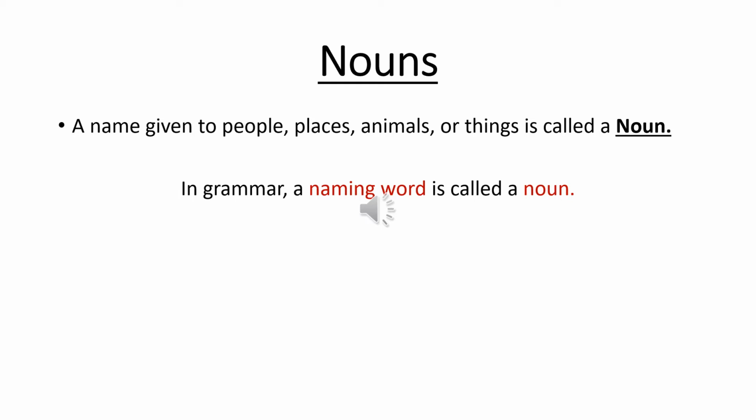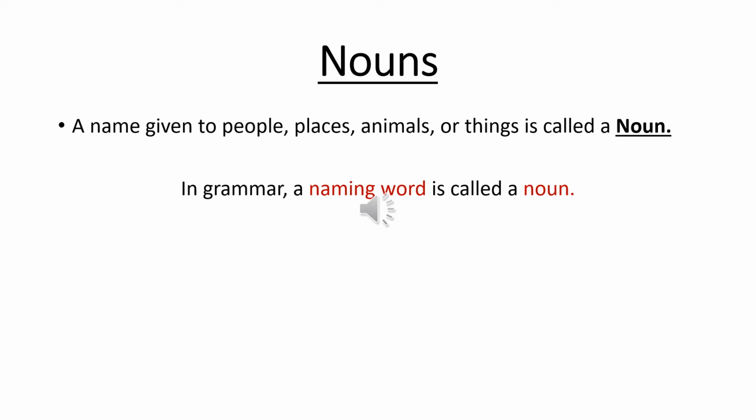Now any name given to people, any place, any animal or any kind of thing, it is called a noun or a naming word. So far we have been using the word naming word instead of noun, but now onwards we are going to use the word noun.